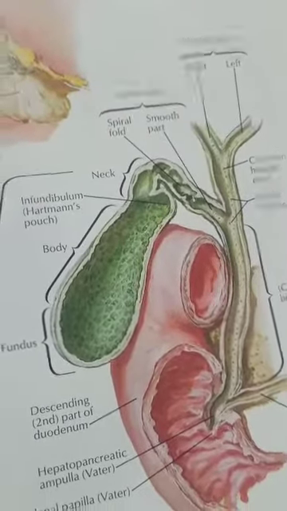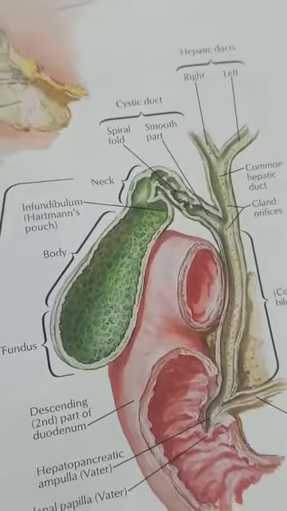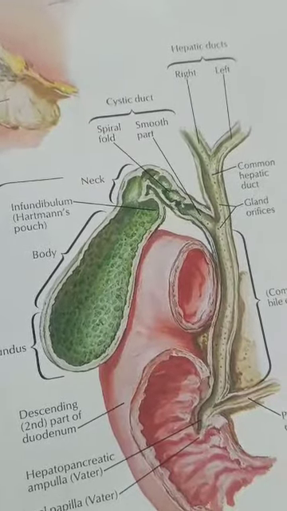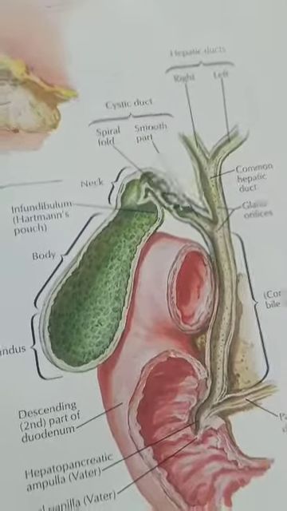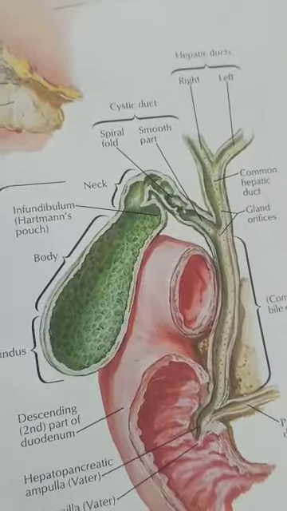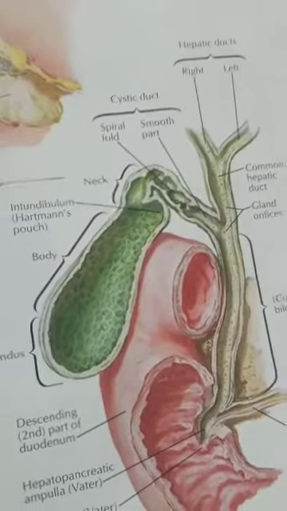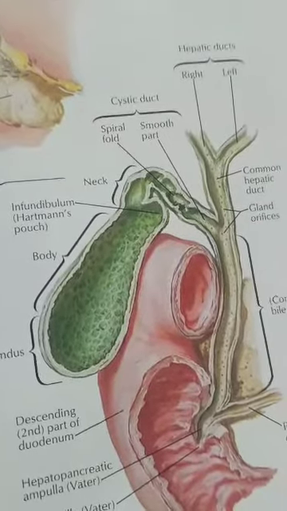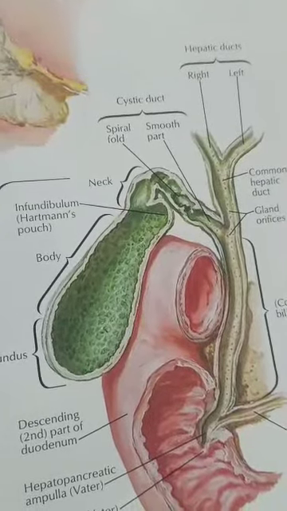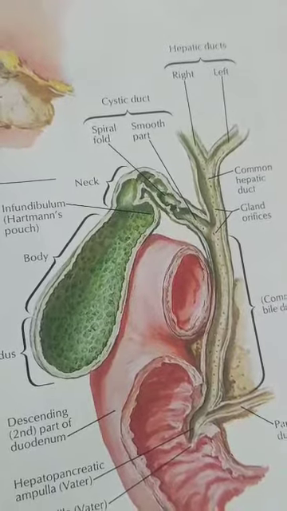Then there is no submucosal layer, and we can see a smooth muscular layer, and inside the muscular layer we can see elastic fibers also in between. There are inner circular and outer longitudinal muscles. Then outer to the muscle layer, it will be covered with serosa or adventitia.